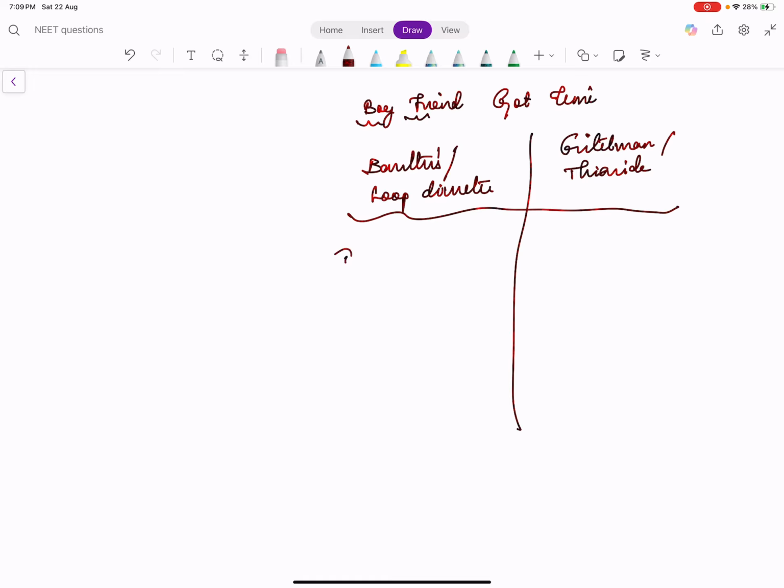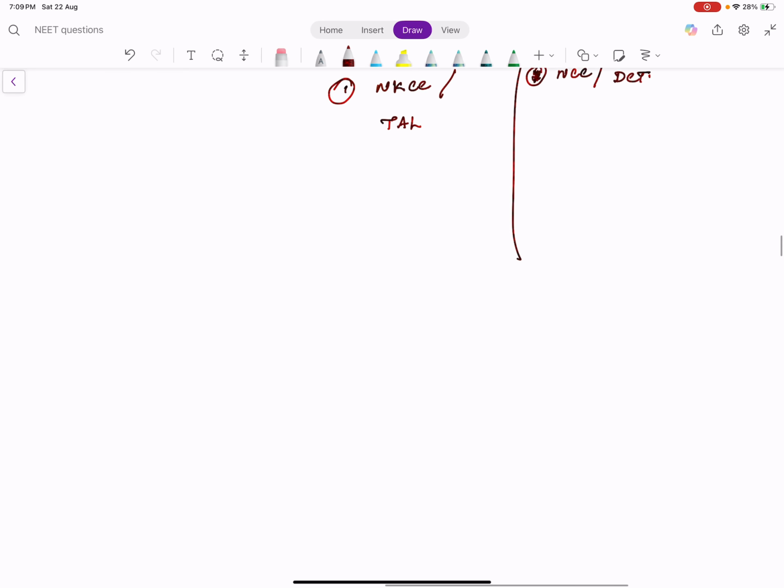So what channel is affected in Bartter syndrome? NKCC2 channel in the thick ascending limb of loop of Henle. What channel is affected in Gitelman syndrome? It is the sodium chloride co-transporter in the distal convoluted tubule. Remember, when this channel is affected, most of the electrolytes are not absorbed.